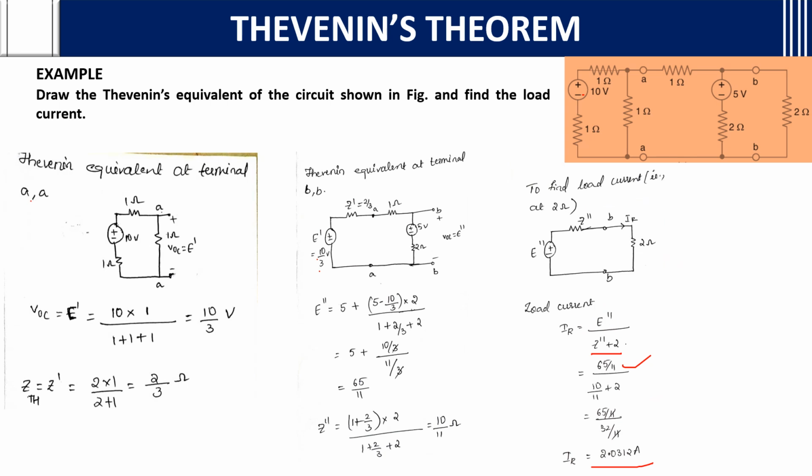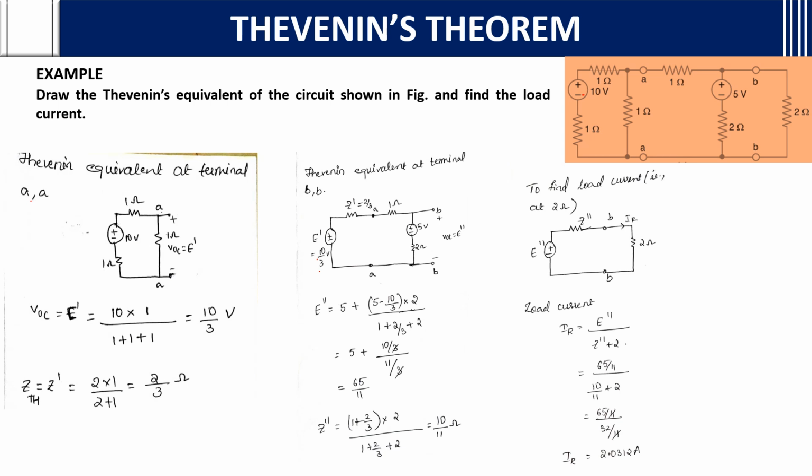One more thing I want to mention here is that this sum is there in the textbook, the same example which I have shown in the previous slide. The textbook is by Roy Chowdhury. In that textbook, they have done the calculation wrong, so please check it. Don't get confused by seeing the textbook.